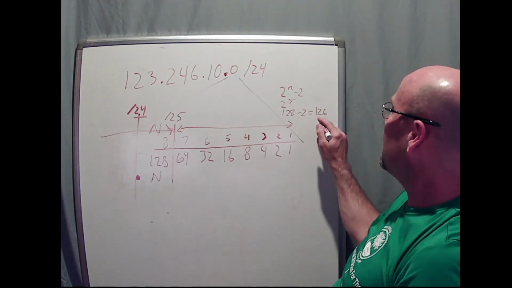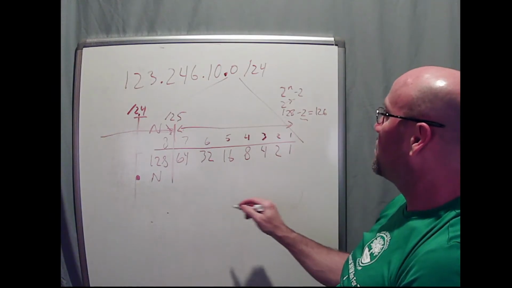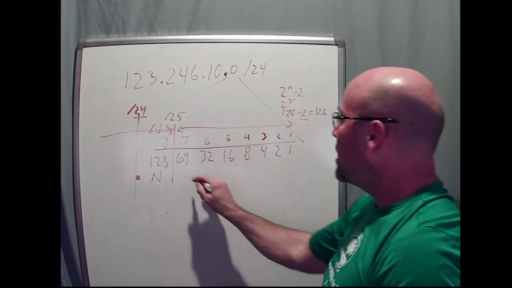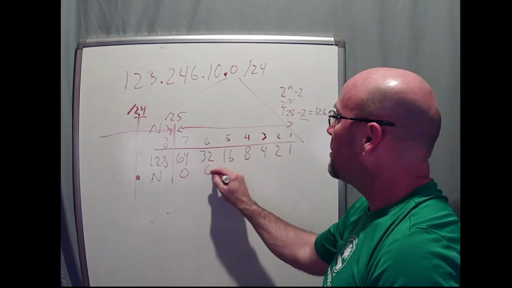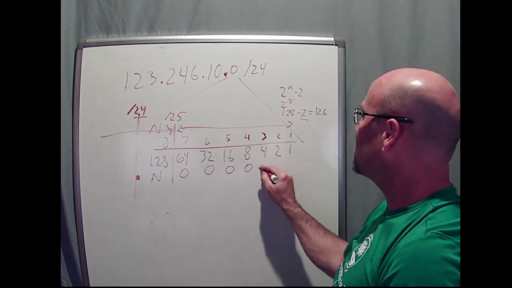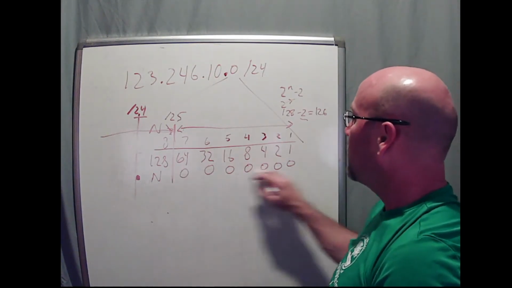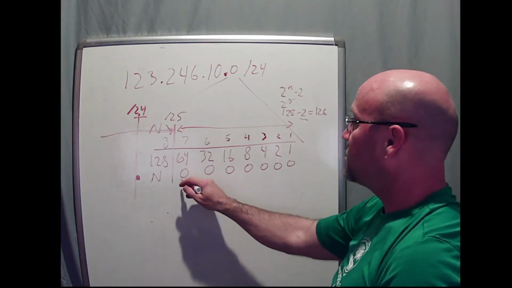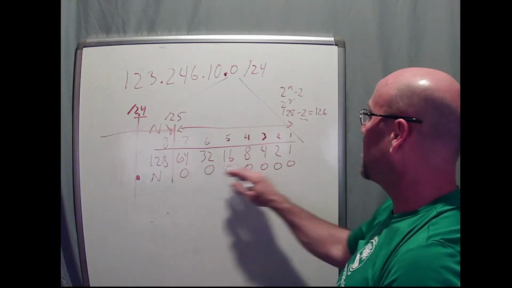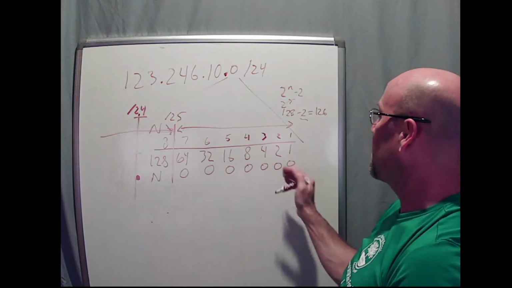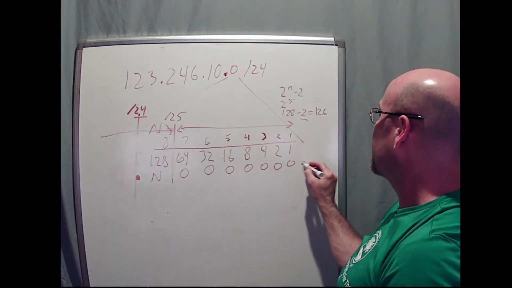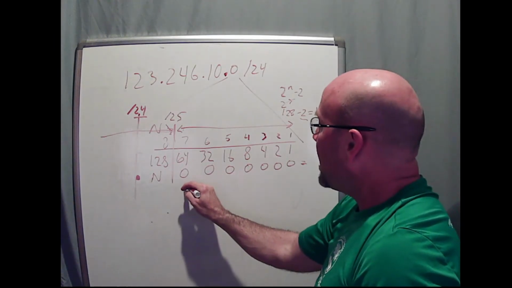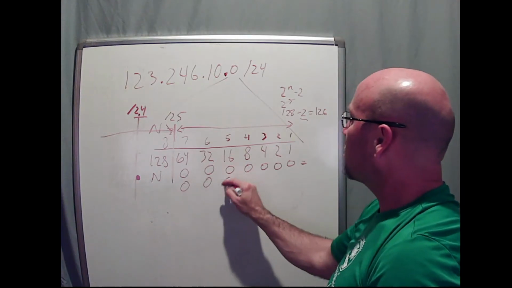Now the reason for the minus 2 is because every subnet starts, when you start looking at this in binary, at 0, a 0 in every placeholder, a binary 0. Okay? The next one, we're just going to start counting binary.